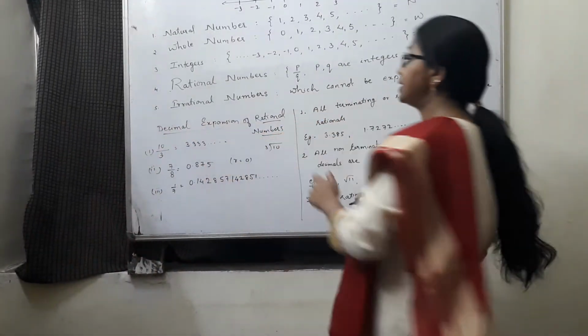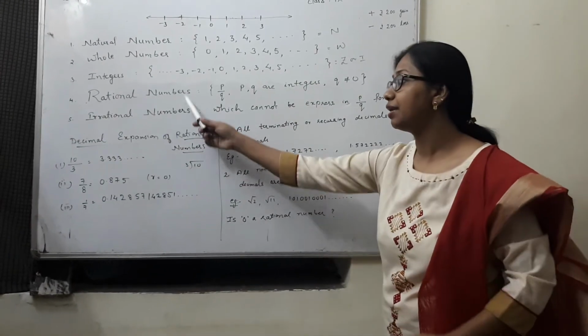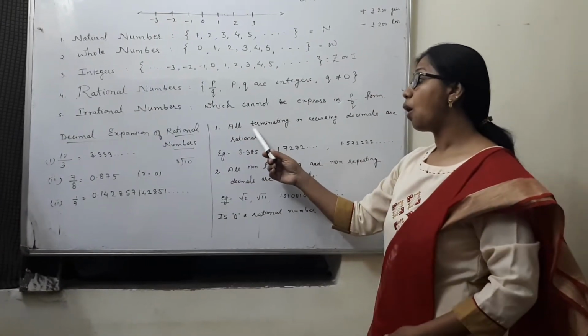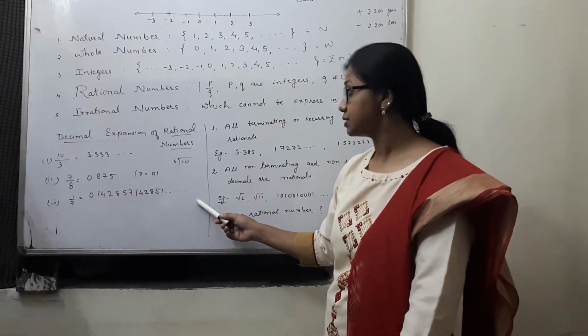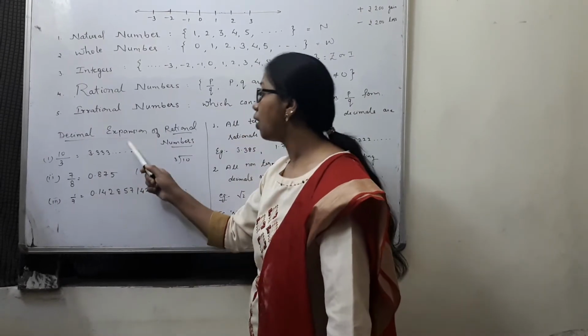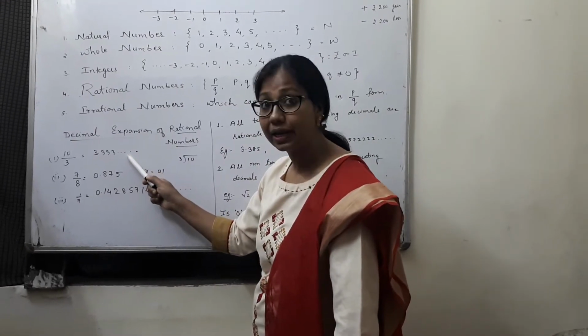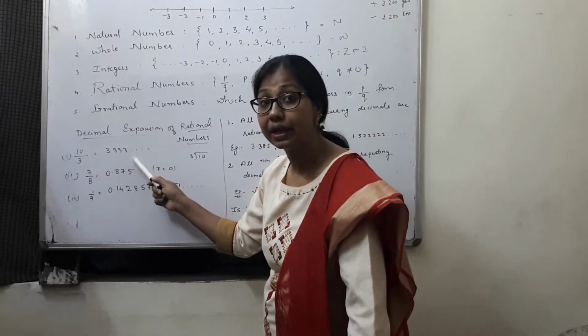So by decimal expansion, there is one more definition for rational and irrational. These are all rational numbers. Why? Because either it is terminating or non-terminating, but when it is non-terminating, the digits are repeating.